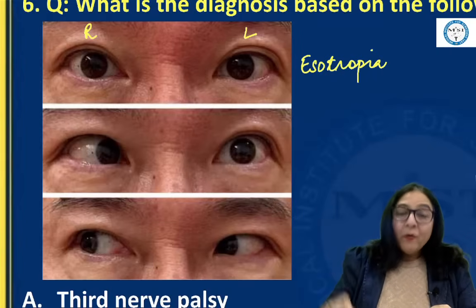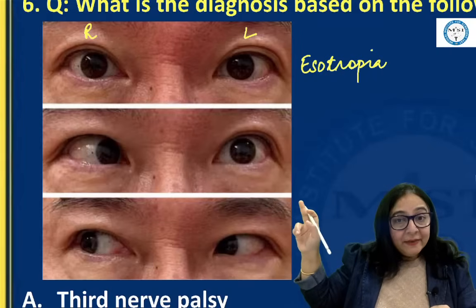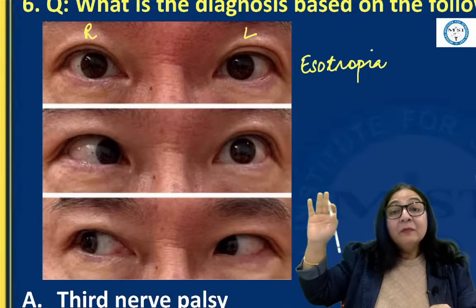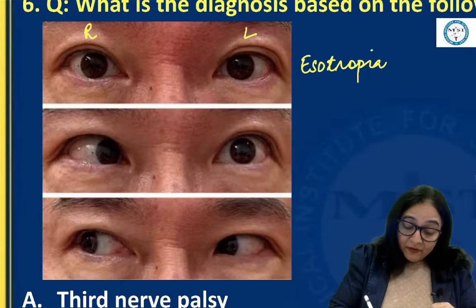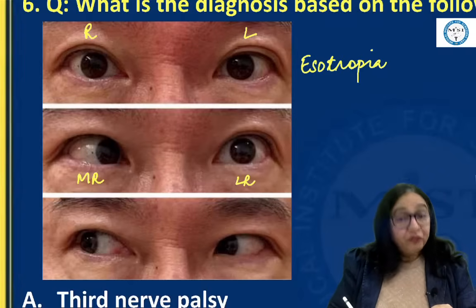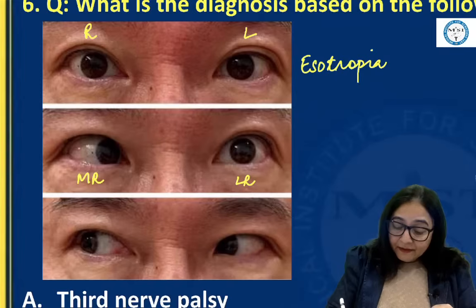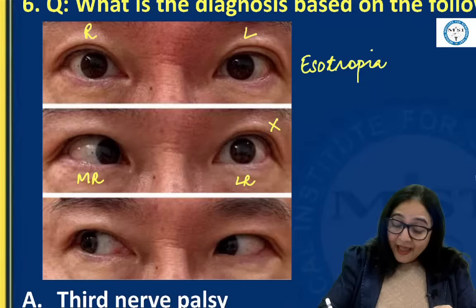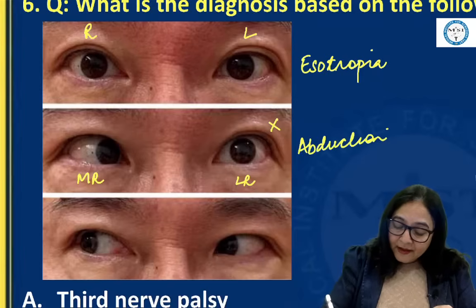What we see in the middle image, when the patient is moving to the left gaze, this eye medial rectus is working, this eye lateral rectus should be working, but this is not moving. That is, abduction is absent in the left side.